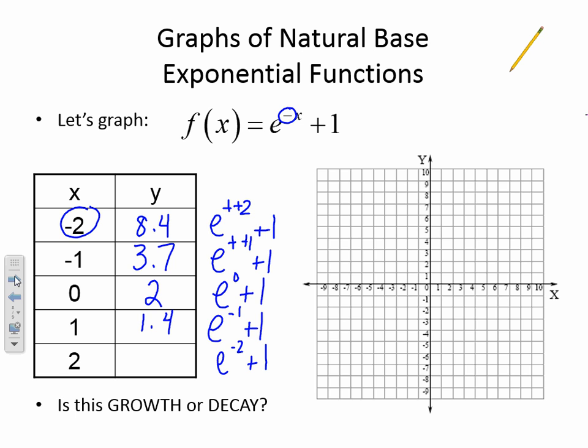Let me see if I can get that one here. Yep, 1.14. So if we take a look at this, -2 up 8.4, -1, 3.7, 0, 2, 1, 1.4, 2, a little bit more than that.